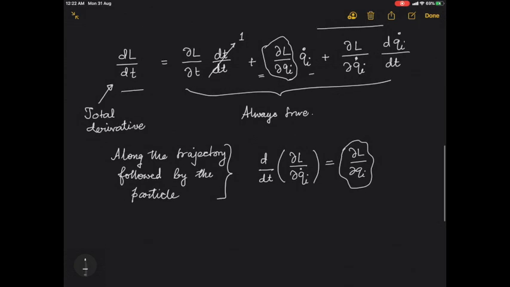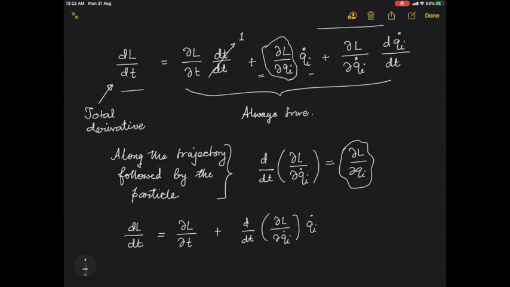And if I do that, then what do I get? I get dL/dt equals del L del t plus d/dt of del L del qi dot times qi dot, and then the next term is del L del qi dot times d/dt of qi dot, right?